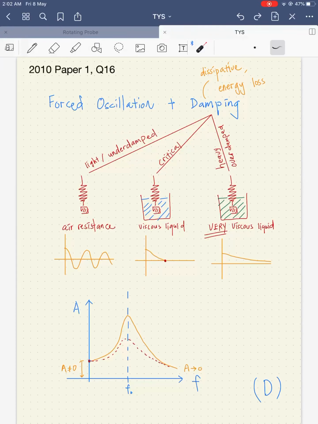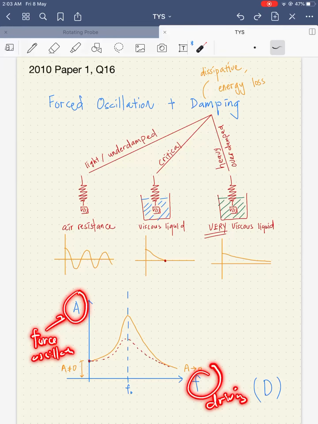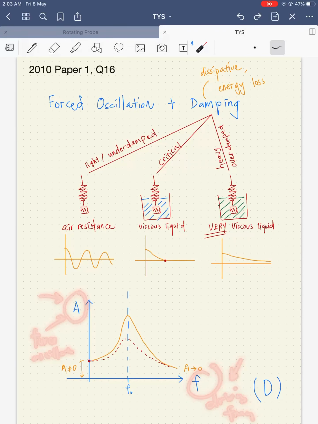Okay, because very viscous means very slow. The question is asking about the graph of amplitude versus frequency. Amplitude is the amplitude of the forced oscillation, and frequency is the driving frequency. So the reference line, you must have this in your mind: this is the natural frequency of the system, and the orange color is with very little damping, which describes a real world scenario.